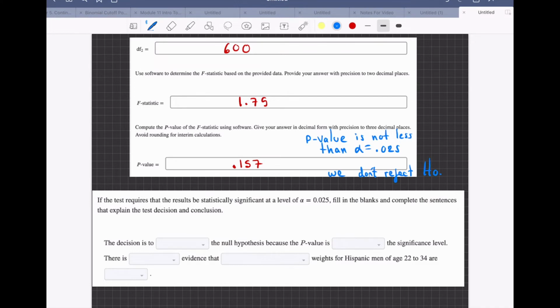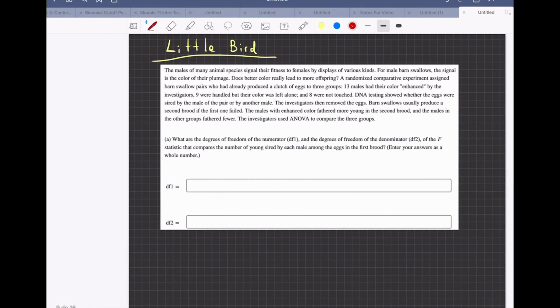So here we have to write fail to reject, because the p-value is greater than alpha, there is insufficient evidence that one or more of the mean weights for Hispanic men of age 22 to 34 are different. So this is what you have to write here.